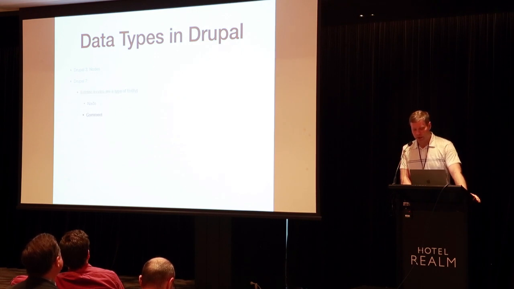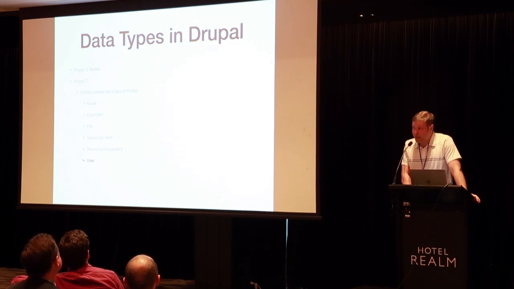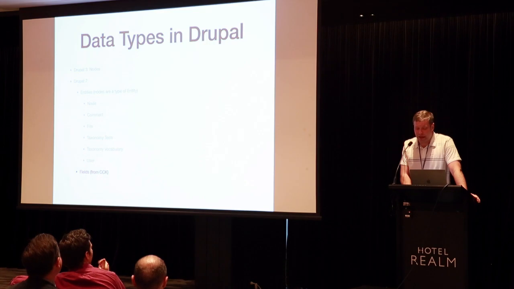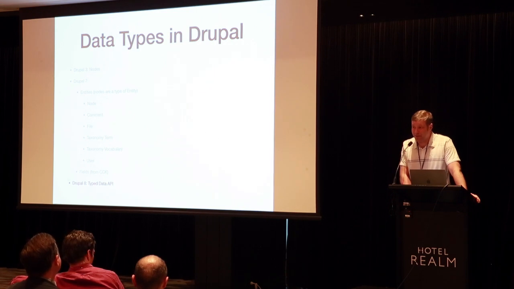So we had node, and we also got comments, files, taxonomy terms, taxonomy vocabularies, and users. These were all entity types that shipped with Drupal 7. In Drupal 7, we also got the field API, which came from CCK in Drupal 6. And then in Drupal 8, we get the TypeData API.